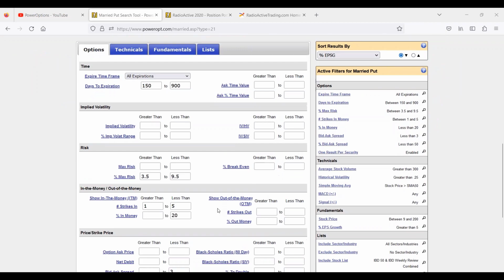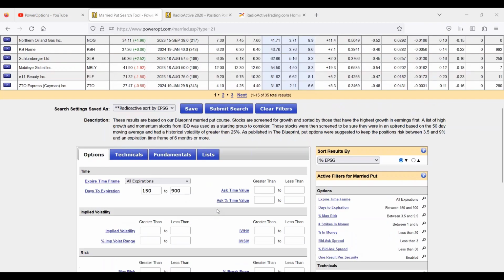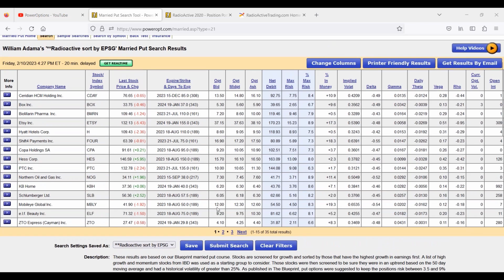These are not filters that are used on the preferred search for the entry into the married put position. But if we take a look at just the delta column that I added, you see that in the preferred structures, we are in an extremely tight range of delta. Our lowest delta is 0.43.